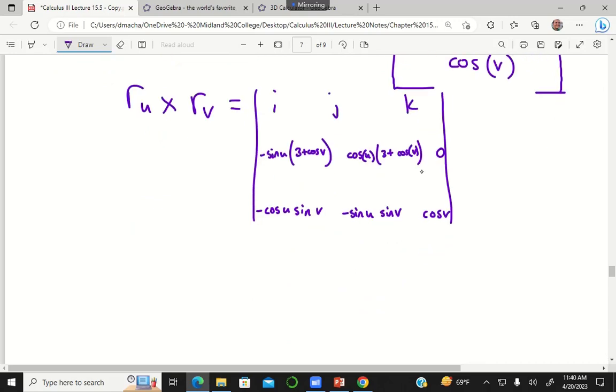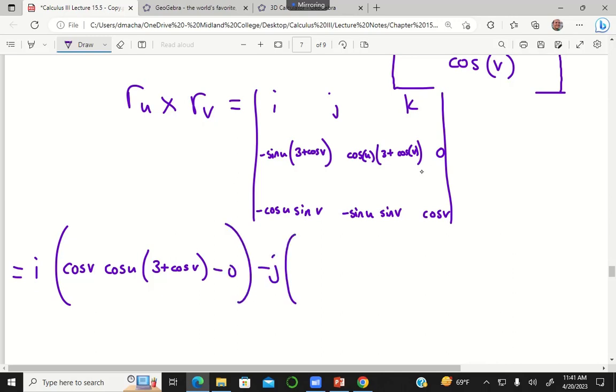So when I go to take the determinant, this is going to be i times cosine of v times cosine of u times 3 plus cosine of v, minus 0, minus j times cosine of v times negative sine u times 3 plus cosine v, minus 0.